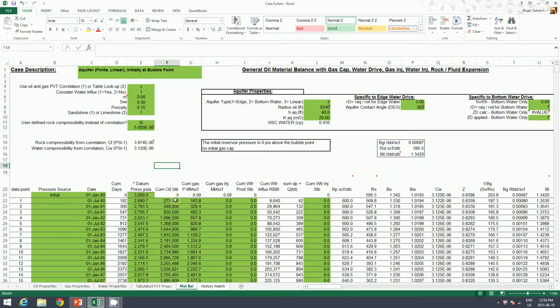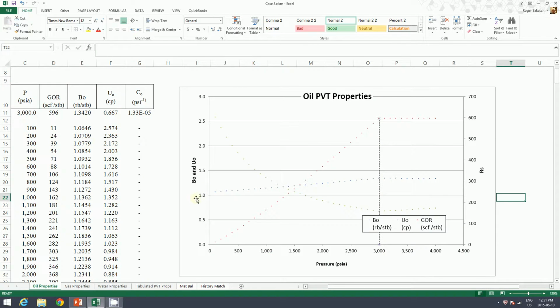So this is the material balance spreadsheet, and in this particular case, I've got a lot of the parameters already set up in here. We're going to be dealing with PVT correlation here, which is why I have a 1 that I've placed into this cell, which is indicating again that we're going to be using PVT correlations. Here's the oil properties.